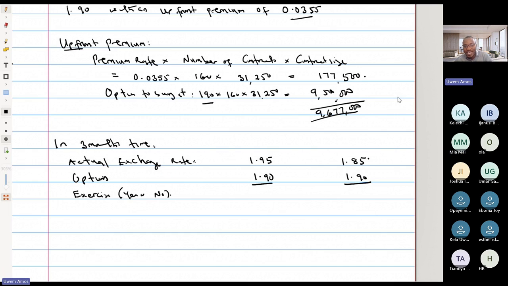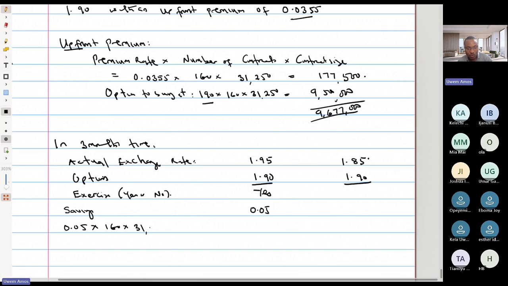1.90? So if you do take the option, which is yes, you will make a gain or save your company 0.05. So that would be 0.05 multiplied by 160 multiplied by 31,250.